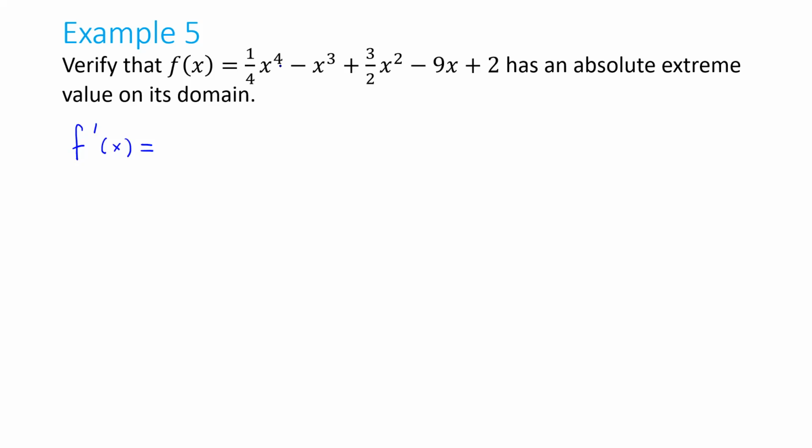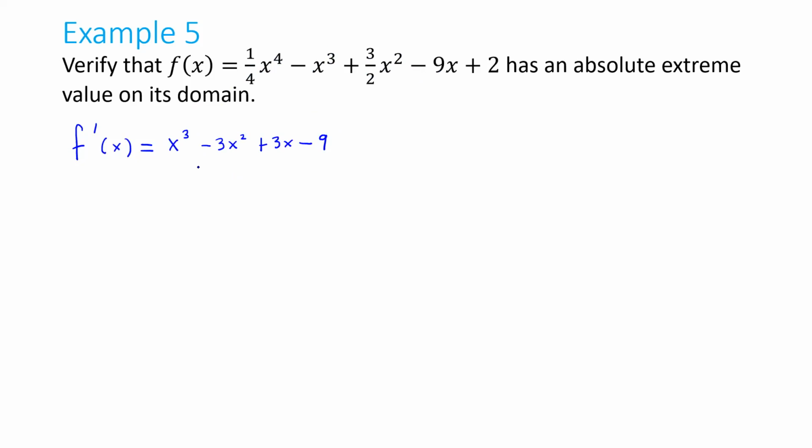And let's see, 1/4 x to the fourth will get, 1/4 times 4 is just 1, x to the third, minus 3x squared. 3/2 times 2, so that'll be 3x. And then minus 9.